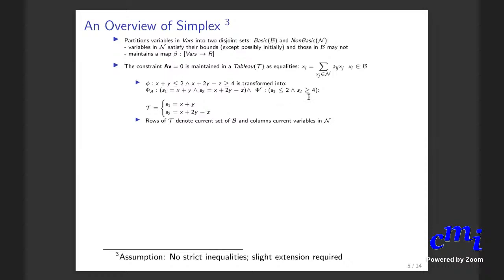So here the constraints are only on S1 and S2, which means the constraints on the program variables are minus infinity to plus infinity. The lower and upper bounds of X, Y, and Z are minus infinity and plus infinity. So with this transformation, all the constraints are expressed on the slack, the newly introduced variables.